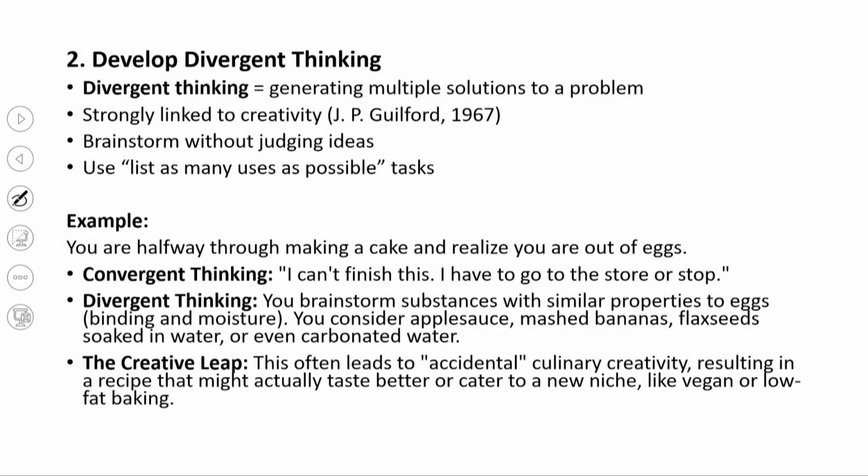Think of as many uses as possible of things and so on. So, brainstorming ideas in the divergent way helps us to develop divergent thinking and makes us more creative. For divergent thinking we have given a lot of examples, so I will not go too much into that. That is a hallmark for creativity.